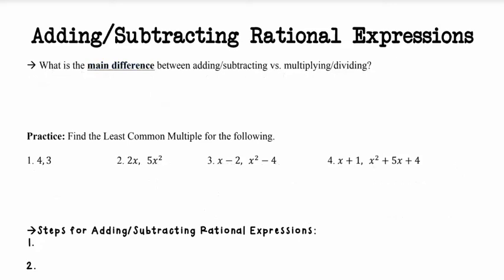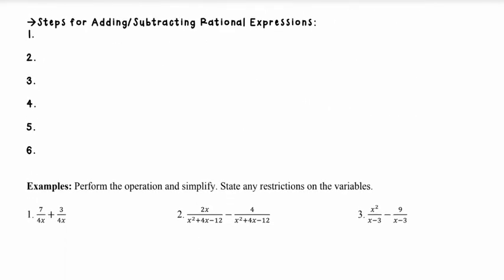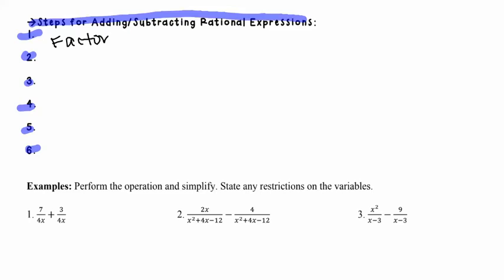So if we now scroll down and look at the steps for solving, I have steps to make our lives a little easier. You can go ahead and highlight these if you want to. Step 1, factor each denominator.